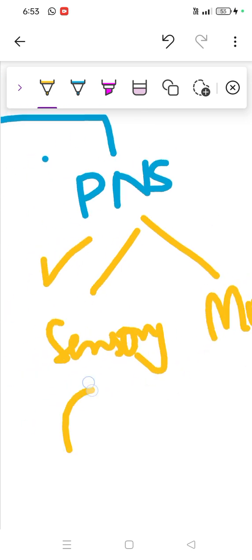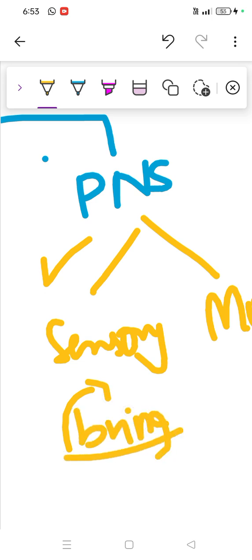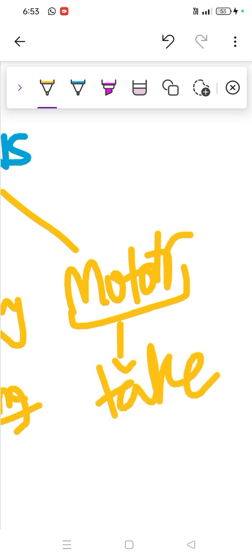Sensory neurons bring information, like if something is hot outside and we're going to touch it, it's going to burn, and our brain tells us to take your hand away. That message, take your hand away, is given by motor neurons, which take the response from the brain to our body to generate a response.